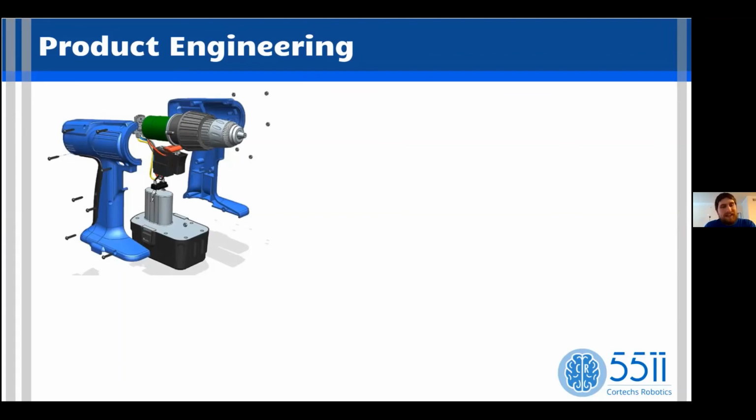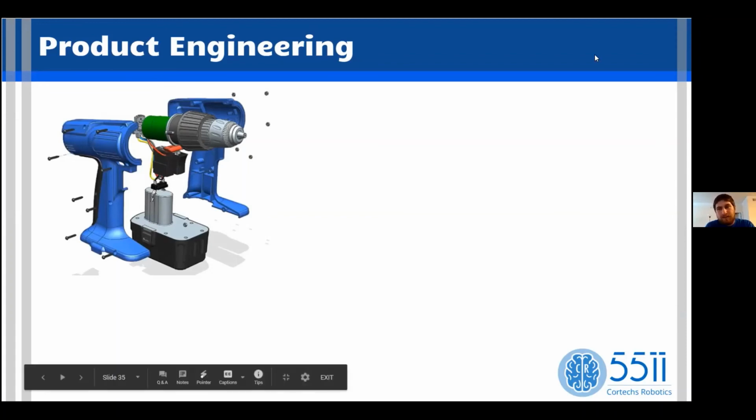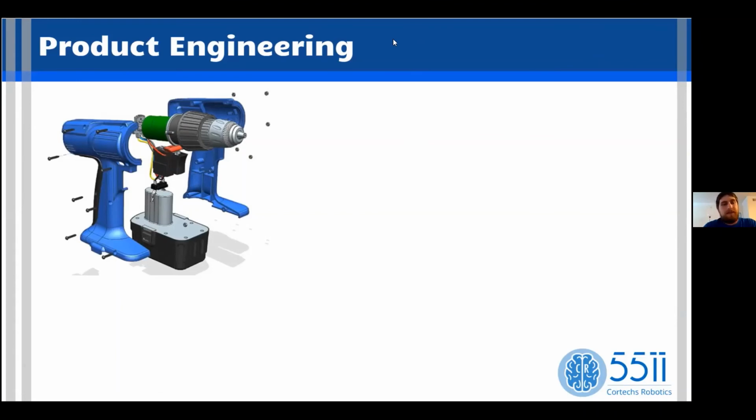CAD is just an acronym for computer aided design or computer aided drafting. This picture here shows a drill, and all those parts are made on a computer. It's kind of like a super fancy version of Minecraft, where on your computer, you can build anything you want. So that's kind of the first step.